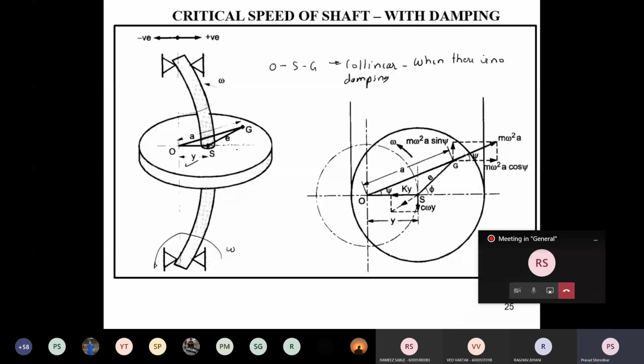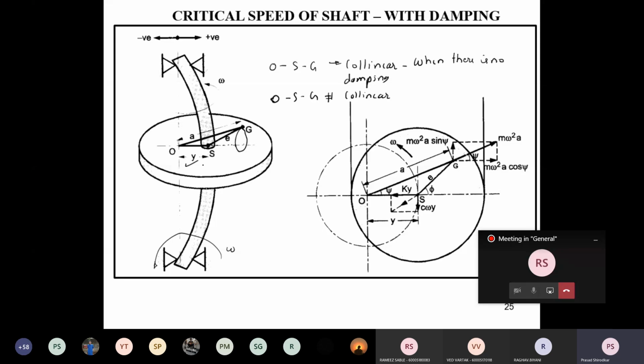Now whenever damping is present in the system, which is the inherent property of the system, the O, S, G are not collinear. Collinear means they are in the same line. So as you can see, the center of gravity shifts from the line of action of OS.